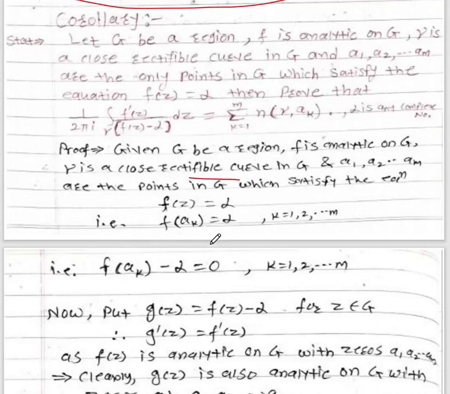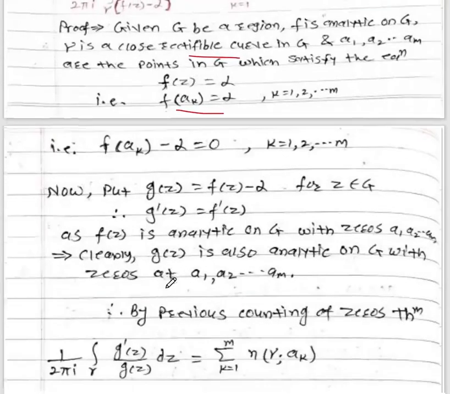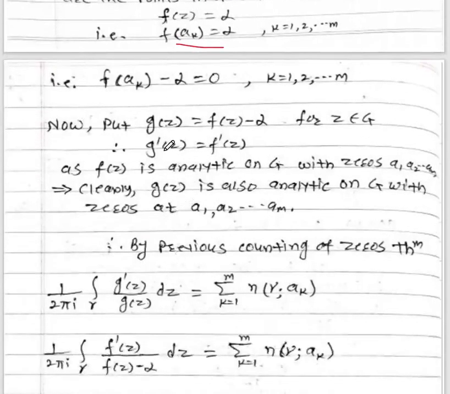So at a point ak, f(ak) equal to alpha for k equal to 1 to m, which can be written as f(ak) minus alpha equal to 0. Now to prove this theorem, let us put g(z) equal to f(z) minus alpha for all z belonging to G.